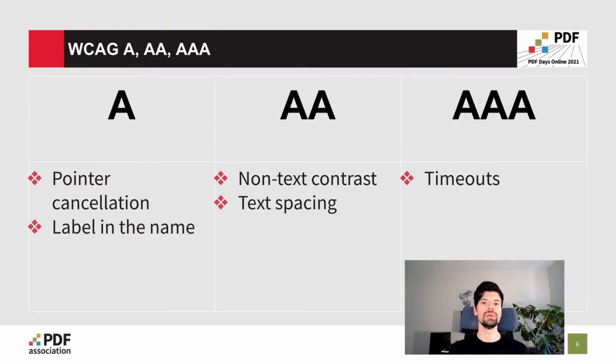Or if we do need a certain time sensitivity on a particular form field, then we want to ensure that the timeout is clearly stated at the beginning of the operation, and the user is notified that they have a certain amount of time remaining. For timeouts as well, we want to ensure that the user is notified if there's going to be any data loss if they don't complete the task within a certain time limit.